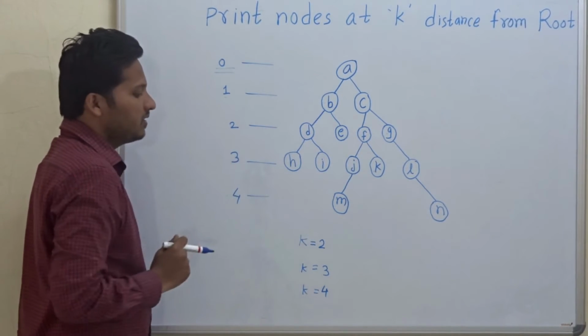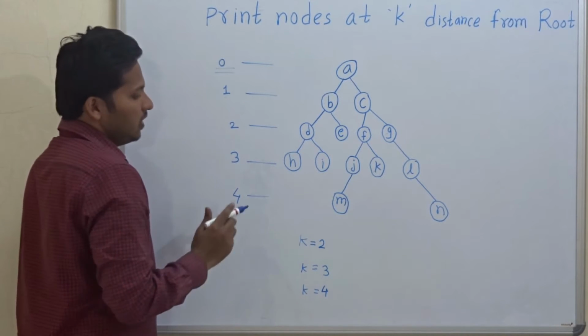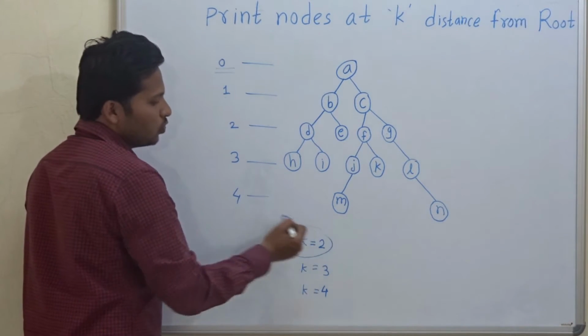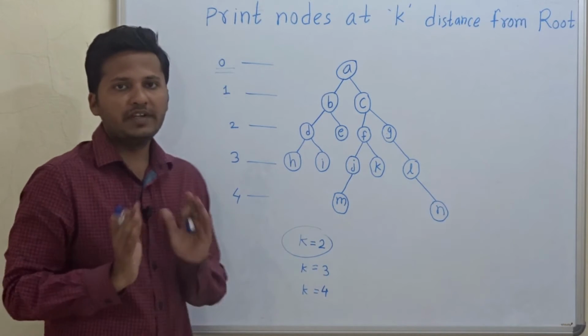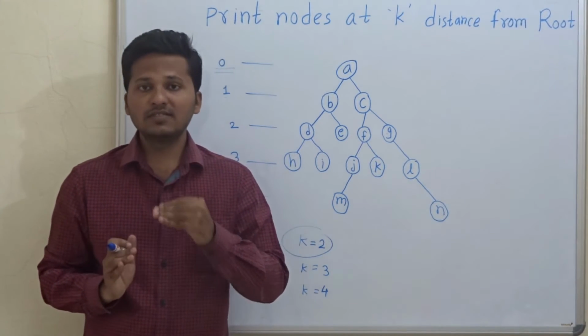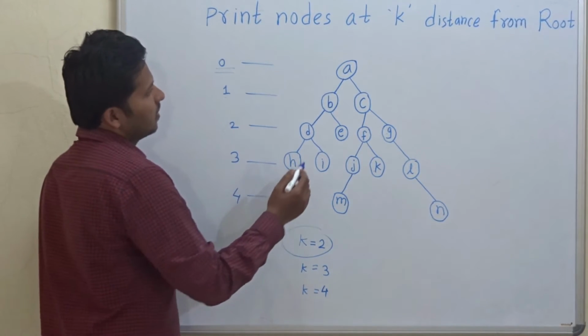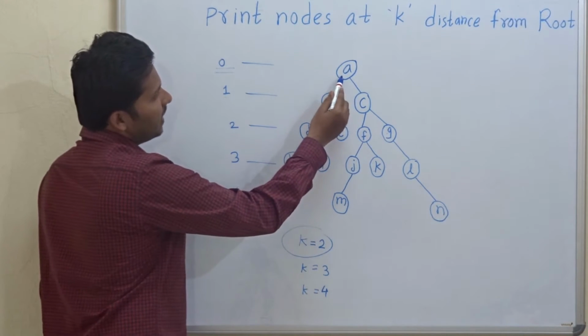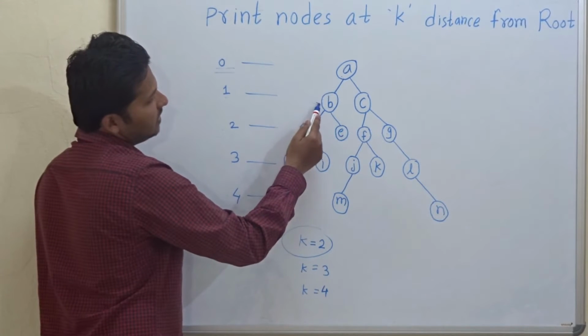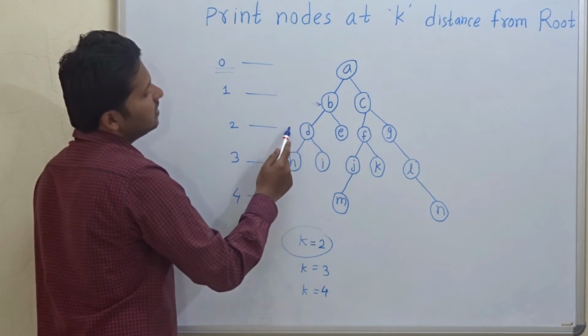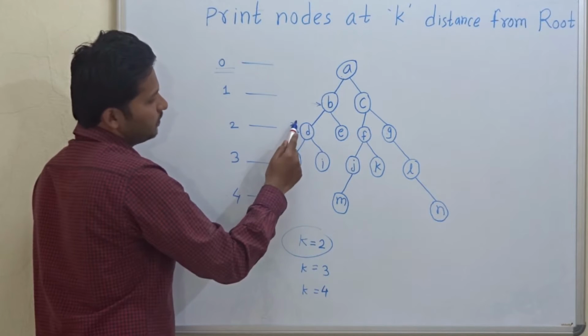Now if k is equal to 2, it means we have to find out the nodes at a distance 2 from the root. So let's see here. From A, B is at distance 1 and D is at distance 2.